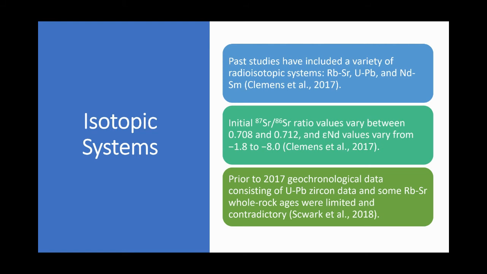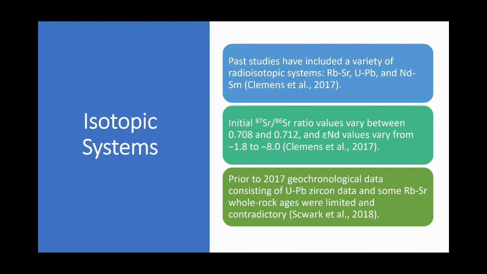Now, the few published neodymium and strontium tracer isotope data suggest a high degree of heterogeneity in the source terrain from which the Donkerhoek granite magmas were derived, with whole rock initial 87 strontium 86 strontium ratios varying between 0.708 and 0.712, and epsilon neodymium varying from negative 1.8 to negative 8.0, both having been calculated determining an age of 530 million years.